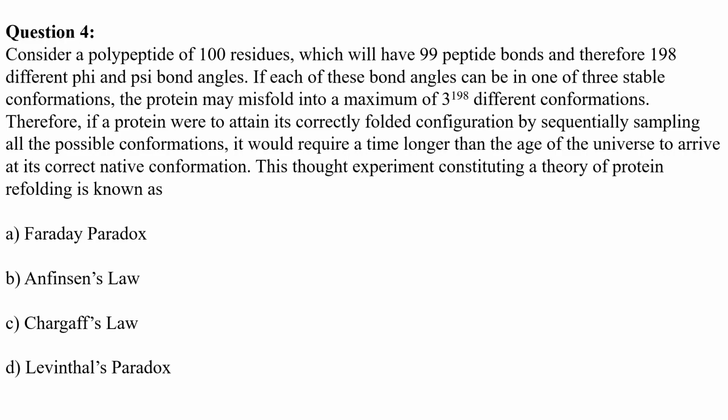Therefore, if a protein were to attain its correctly folded configuration by sequentially sampling all the possible conformations, it would require a time longer than the age of the universe to arrive at its correct native conformation. This thought experiment, constituting a theory of protein refolding, is known as.